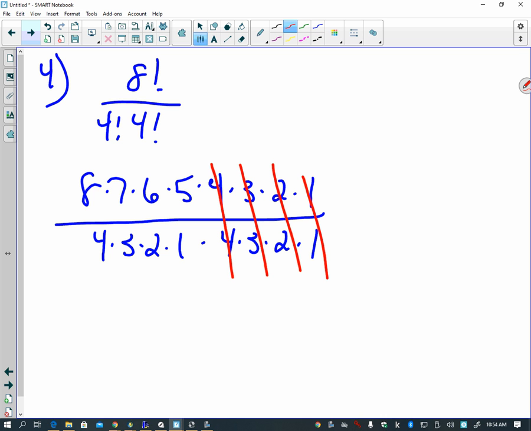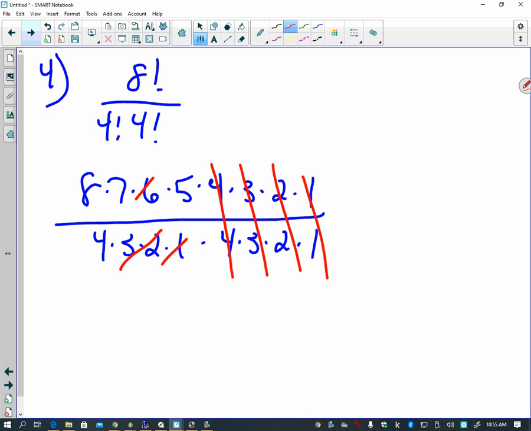Let's see. 2 and 3 would get rid of the 6. 1 doesn't matter, because dividing by 1 isn't going to change anything. So we really have 8 times 7 times 5 divided by 4 is what it simplifies down to. So you got 56 times 5 divided by 4.